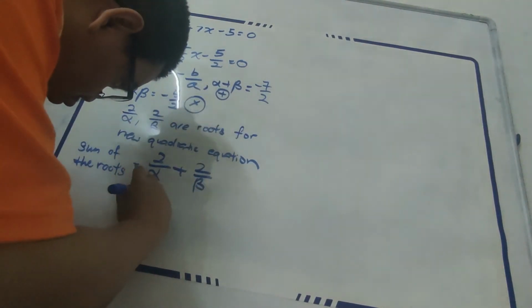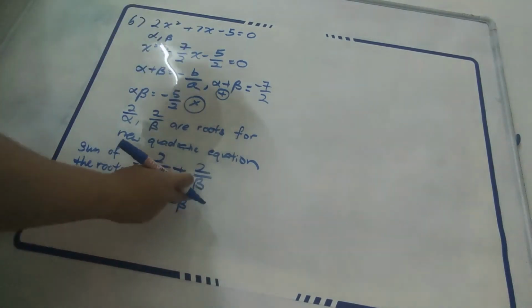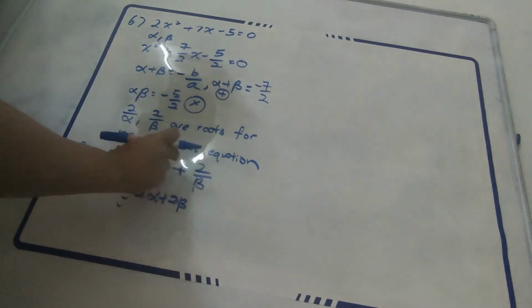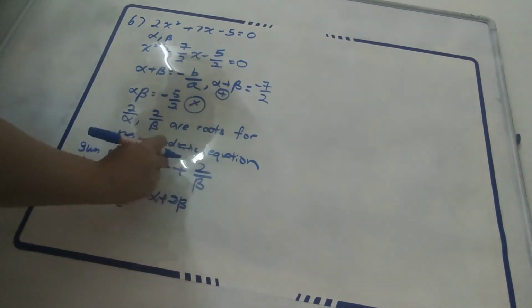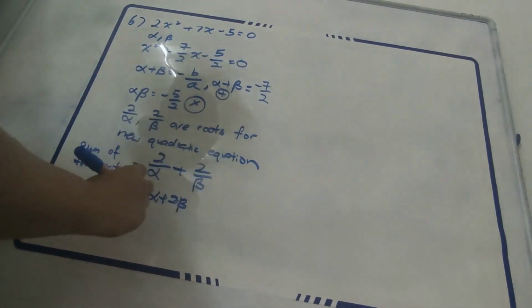You multiply these together, so it should be like this: alpha times beta, here 2 beta plus 2 alpha.